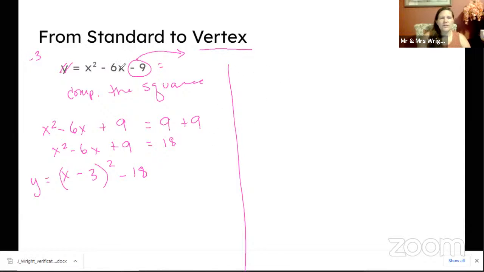Okay, so let's try this. Y equals x squared minus 6x minus 9. Doing it the other way. And remember what we did for the second way was to do -b over 2a. And that gave us the x in the vertex.